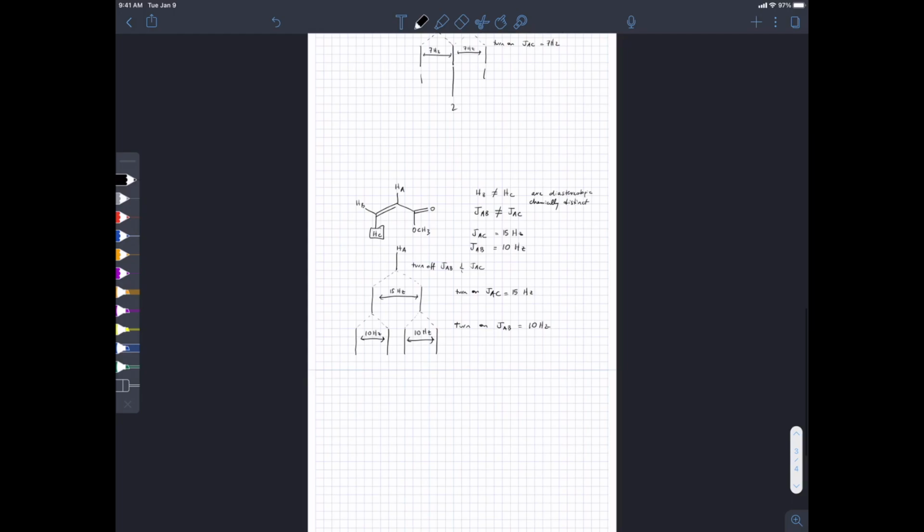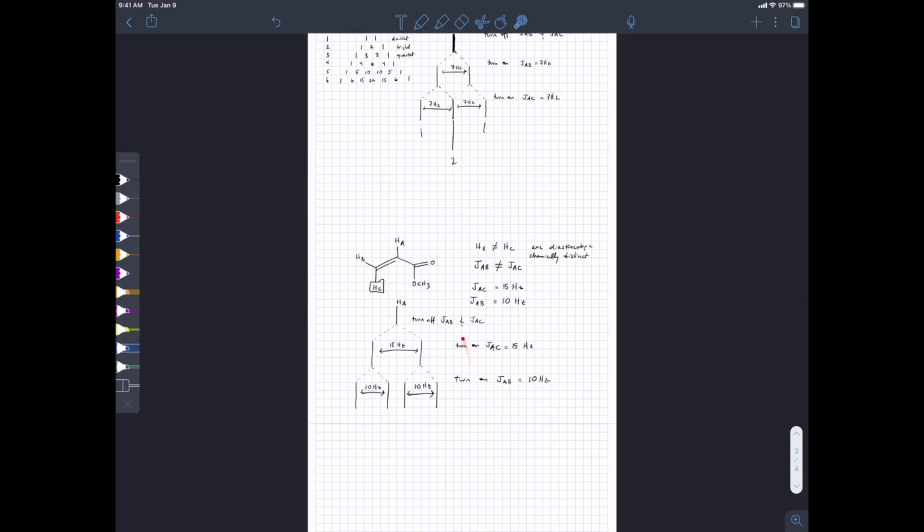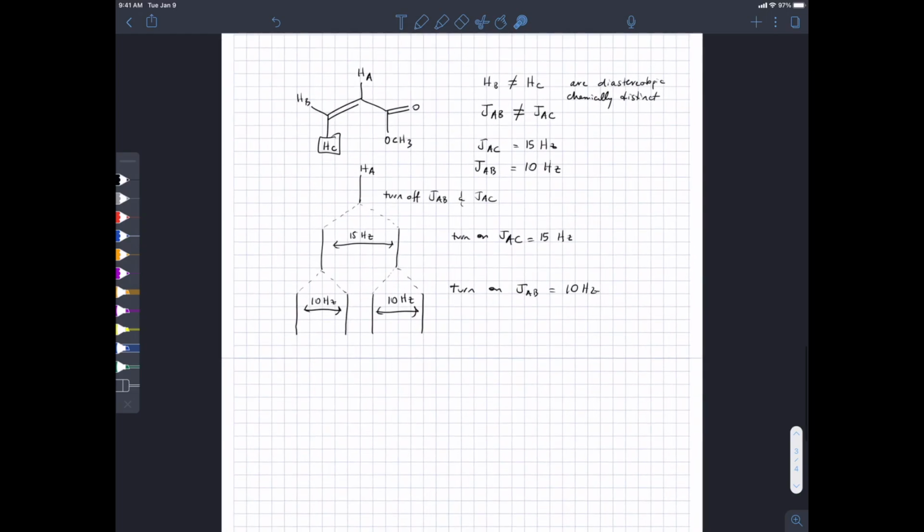The only difference between what we just did here and what we did before with the triplet is that in the triplet, the two successive coupling constants were equal, so the central peaks overlapped. But here, when they're different, they don't overlap anymore. You don't see the triplet pattern. Instead, you see something that we're going to call a doublet of doublets.